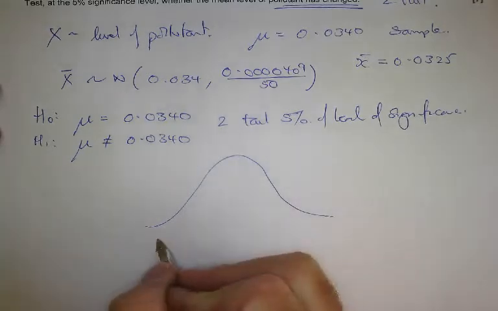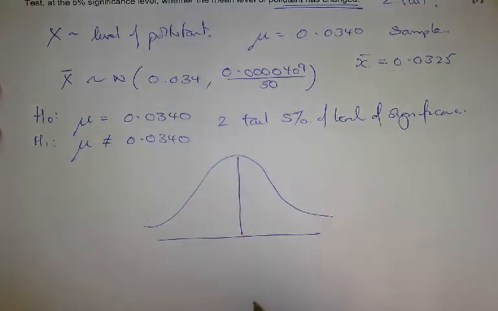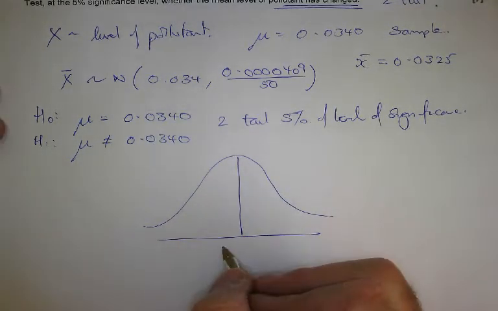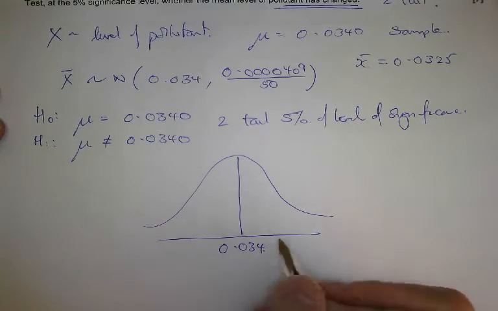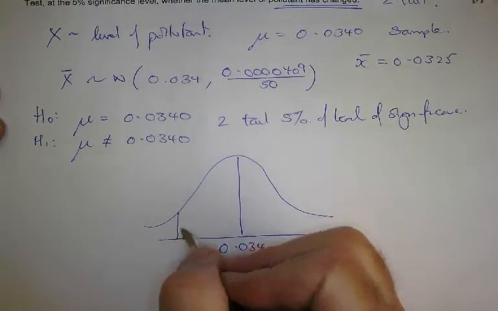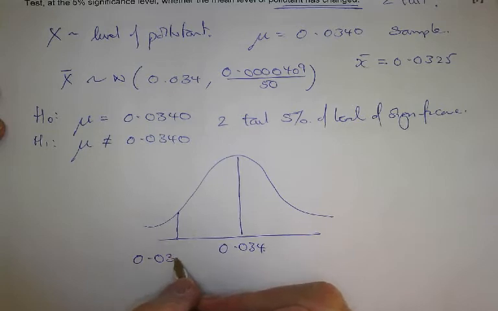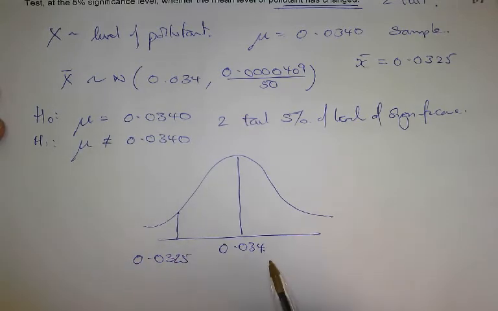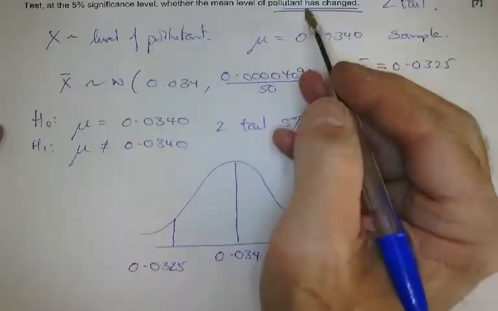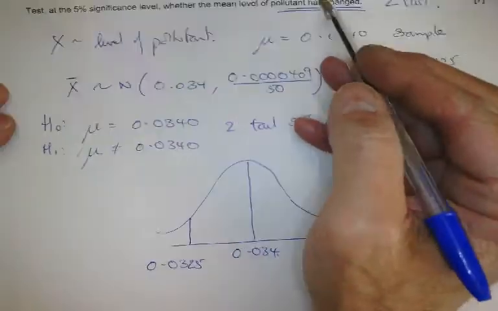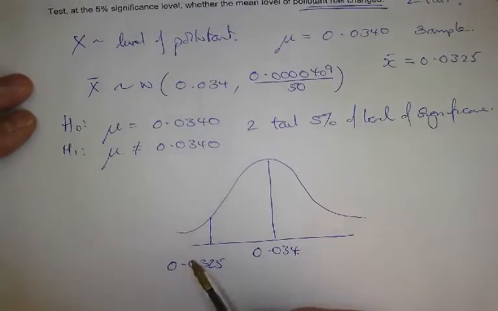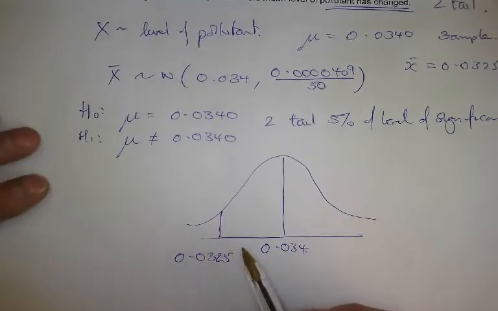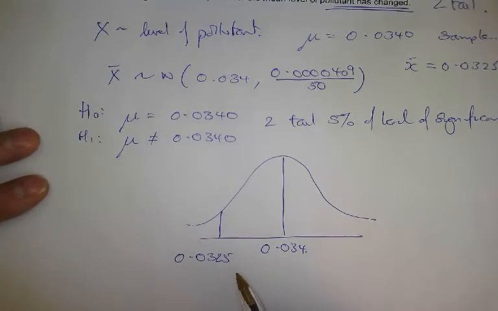If this is my normal distribution, what would the critical value be? Now the established value is 0.034. This one is actually down here, 0.0325. Don't be tempted to call this a one-tail because the question is about whether it has changed. So don't be tempted to think, oh well, it's obviously lower, it's going to be one-tail. Don't do that.